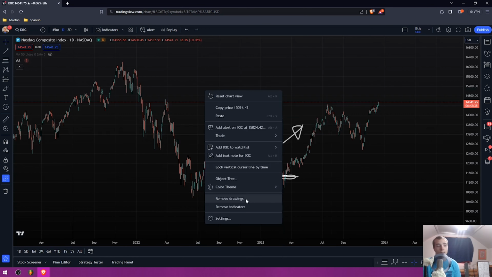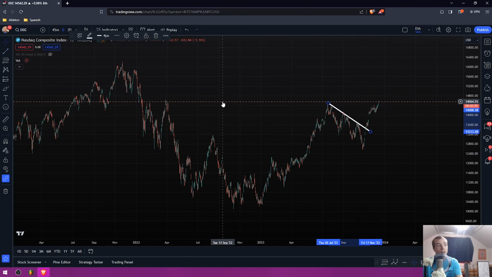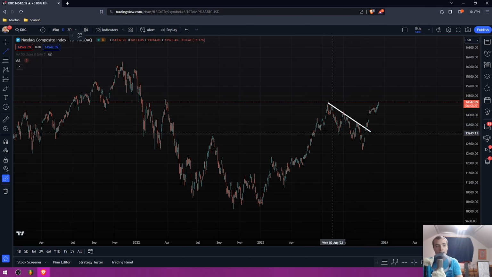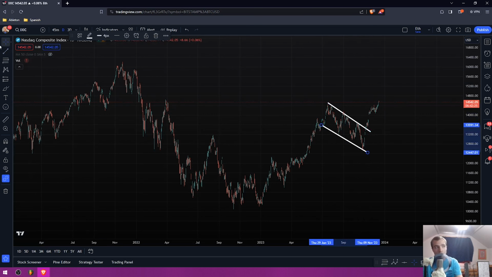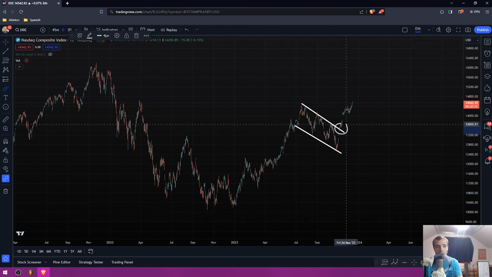Trading patterns are very useful to understand. In general, they're found everywhere, even right here on the NASDAQ. This is the NASDAQ, not the S&P 500. On the NASDAQ Composite Index, you can see that there's a bullish flag pattern. So when price broke above this resistance level, that confirmed the breakout of this bullish flag pattern.